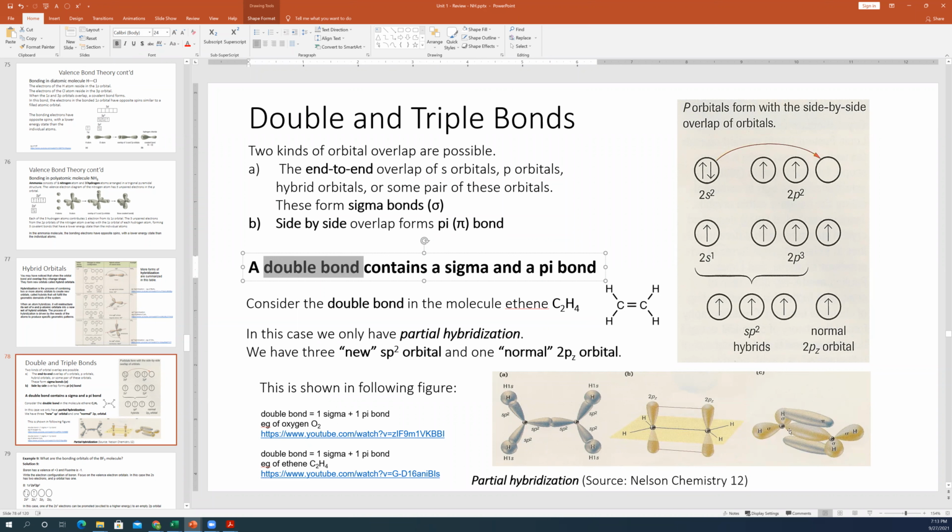So here is that sigma bond, and here's the pi bond. And by pi bond, we really mean both of these clouds are the pi bond. So pi bond and sigma bond together form a double bond. And you can look at these videos, specifically the example of ethene.